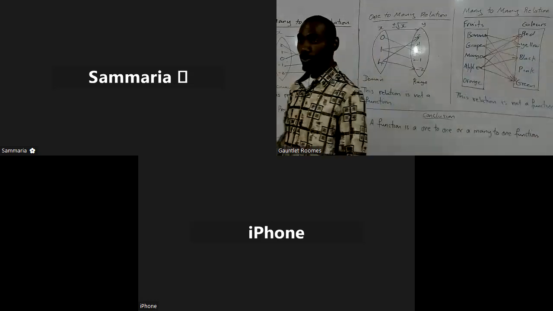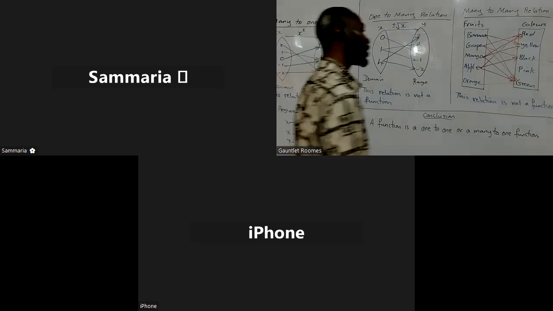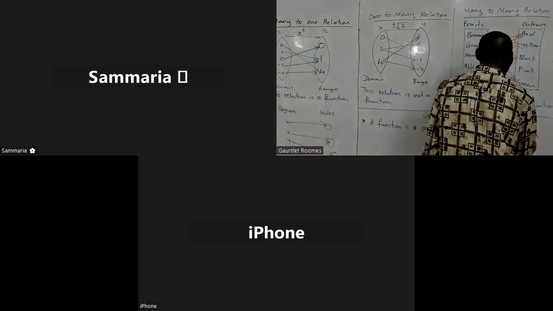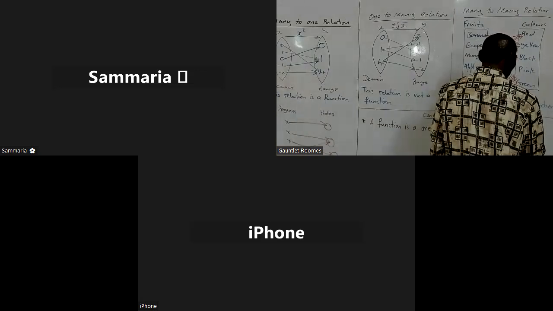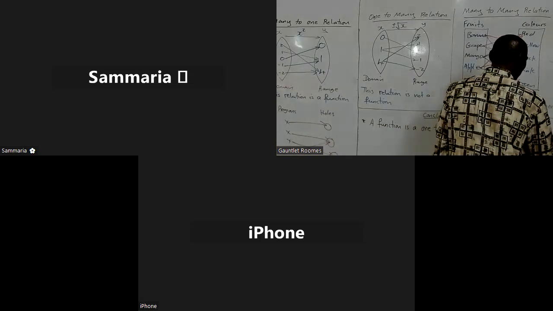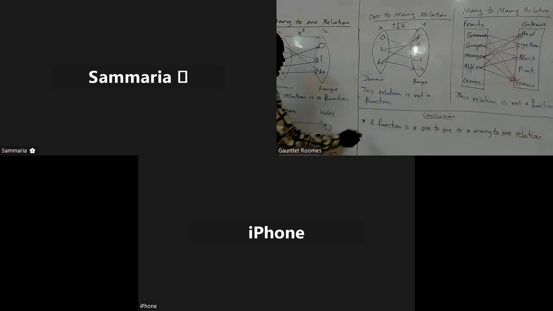These are the only two relations that we see. These are functions. Sorry, the one-to-one or many-to-one relation. That is in summary.